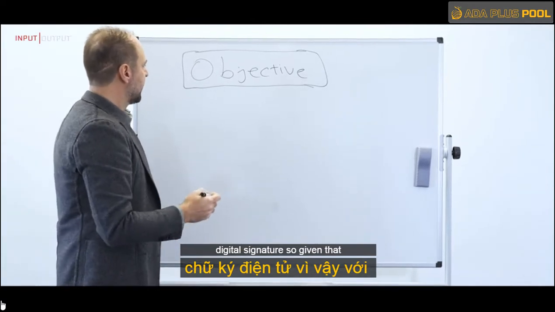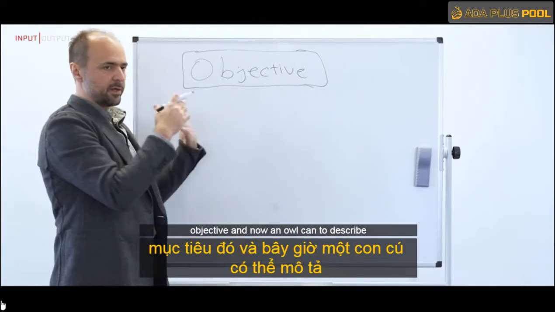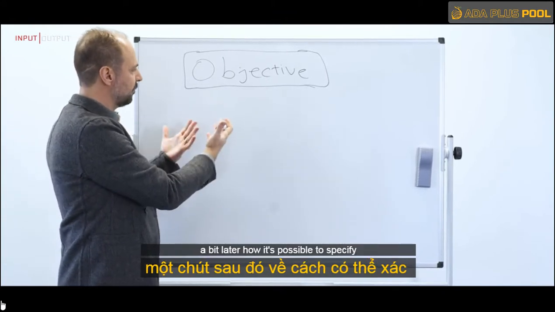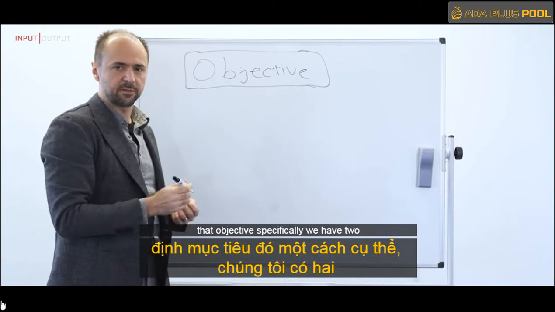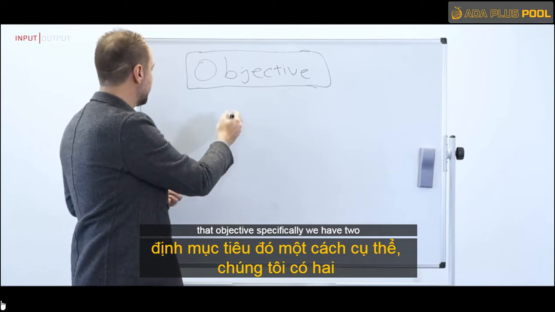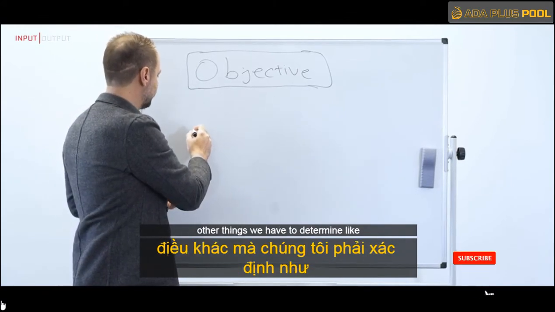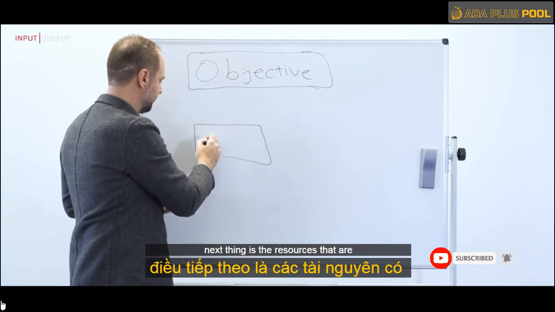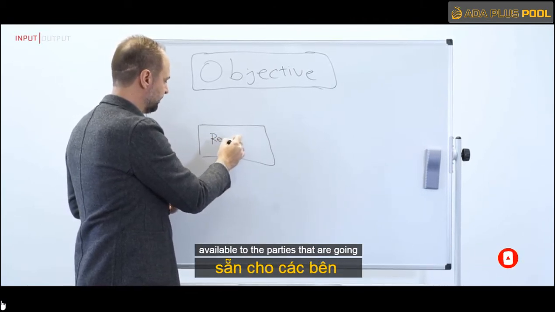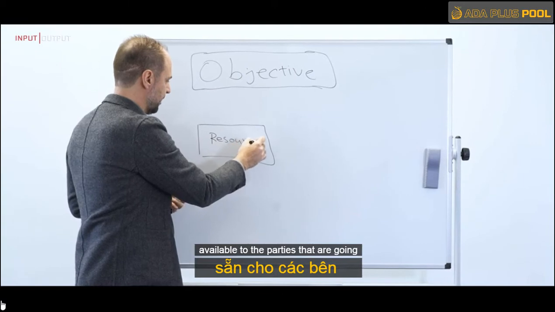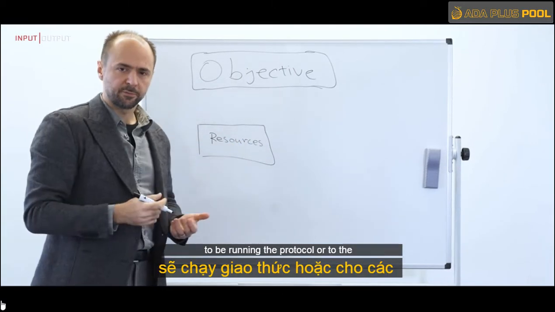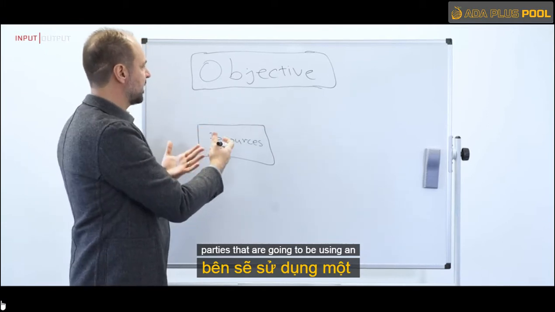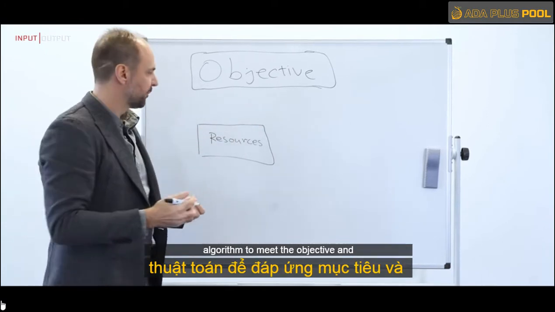So given that objective, and I'll come to describe a bit later how it's possible to specify that objective specifically, we have two other things we have to determine. Like, next thing is the resources that are available to the parties that are going to be running the protocol, or to the parties that are going to be using an algorithm to meet the objective.